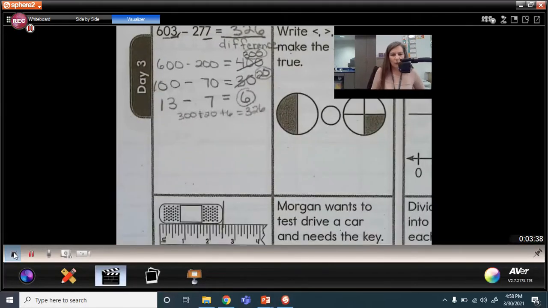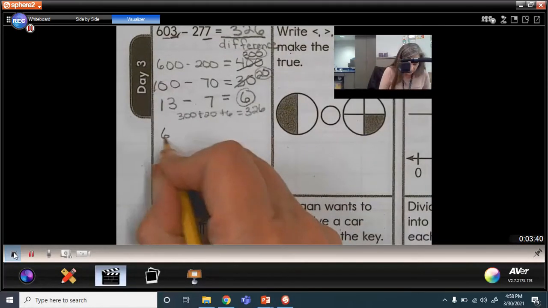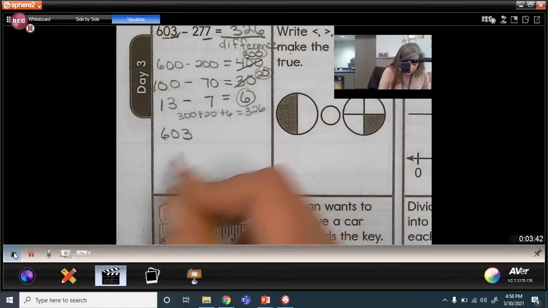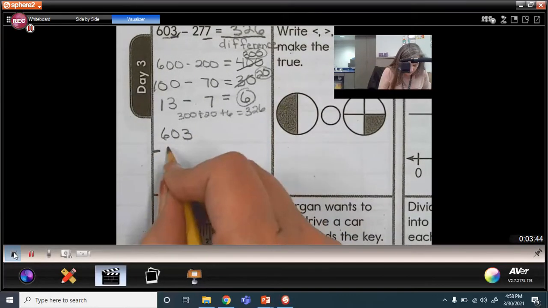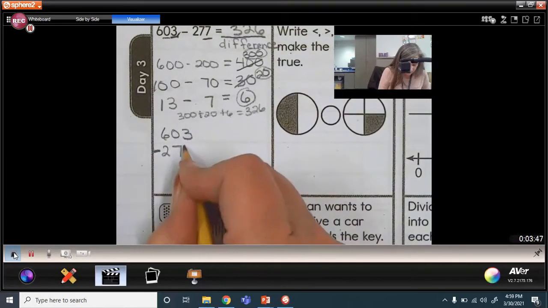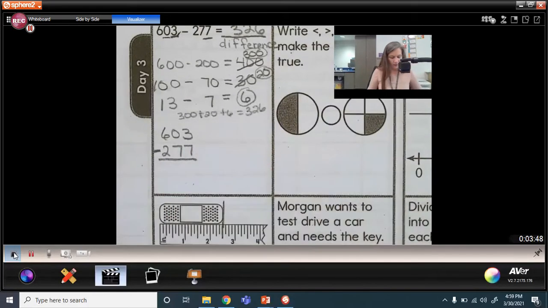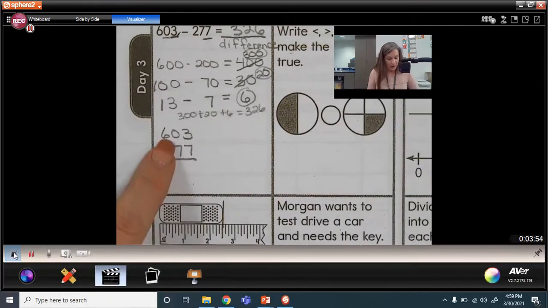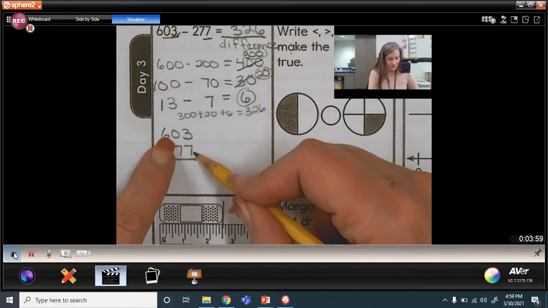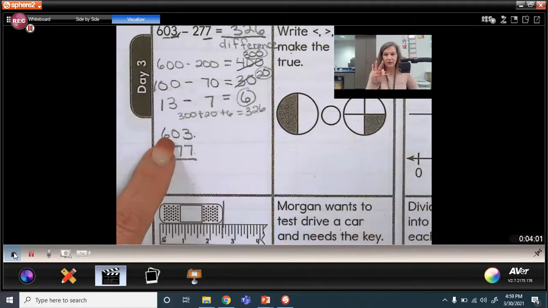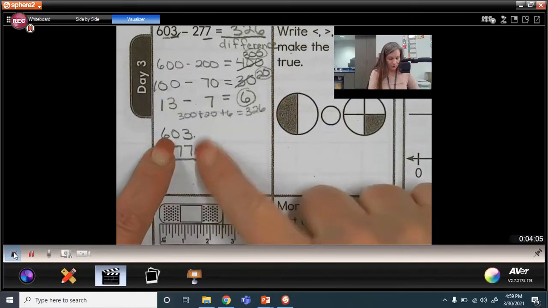Now let's work on using the algorithm. So if I had 603 minus 277, well, I start in my ones place, and if I start in my ones place, I need to realize that I cannot subtract 7 from only 3. If I only have 3, I can't subtract 7 from the 3.